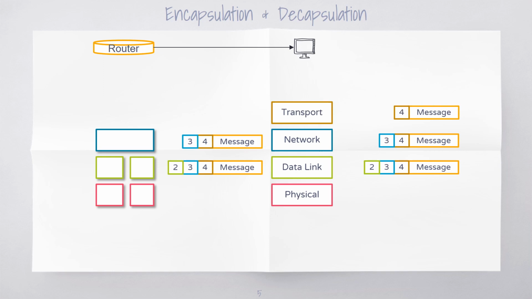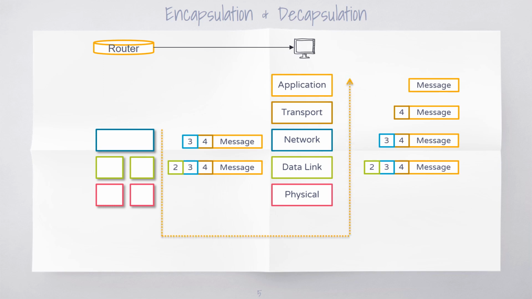It will look into whether there is a logical connection established between the source transport layer and the destination transport layer. In that case, it will strip off header 4 and give the information to the message. So this is how the decapsulation happens at the destination system. This is the overall picture of how exactly the encapsulation and decapsulation are performed.